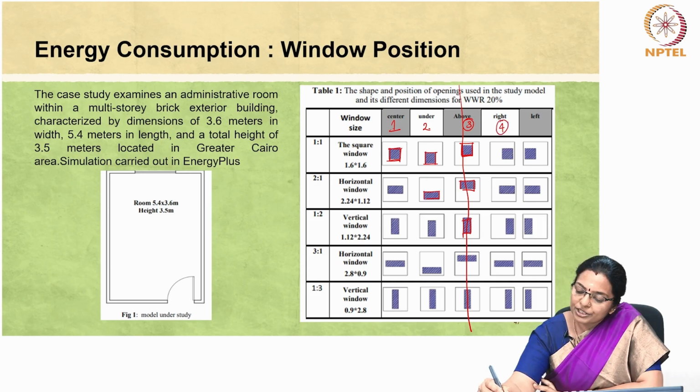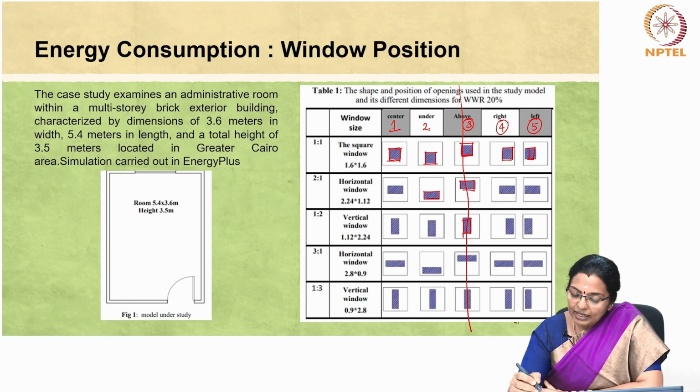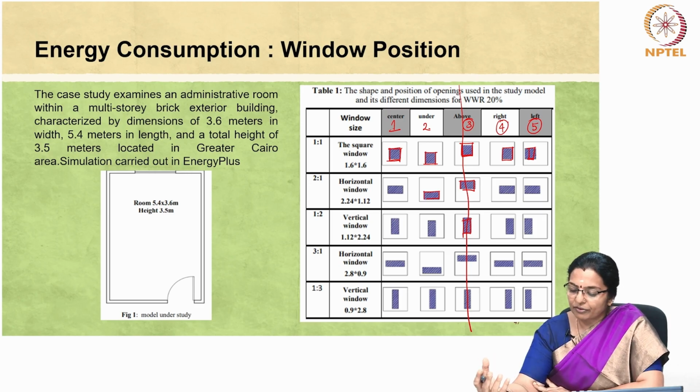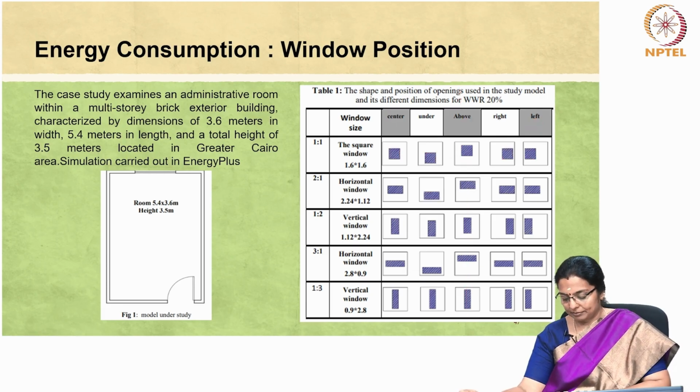The fourth position is when windows are off-centered to the right, and the fifth one is when windows are off-centered to the left. In this manner, there have been 5 windows which are positioned thus. The size of the windows are 5 in number. So, 5 windows, 5 positions are selected.